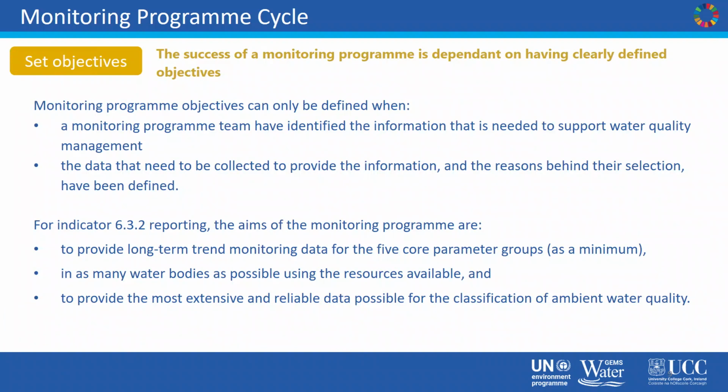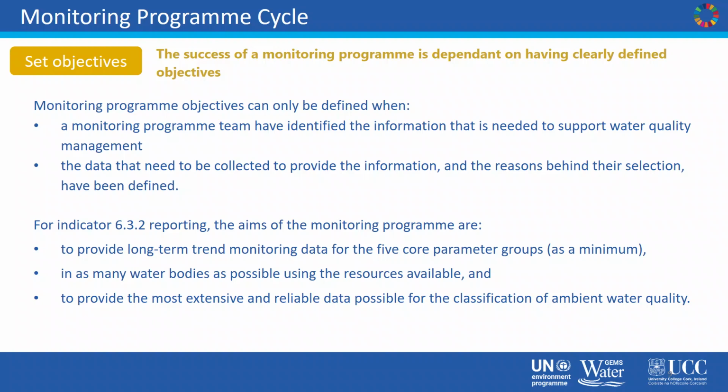The first stage is to set objectives, and the success of any monitoring program is dependent on having clearly defined objectives. This can only be done when a monitoring program team has identified the information that is needed to support water quality management, and the data that need to be collected to provide that information and the reasons behind their selection have been defined.